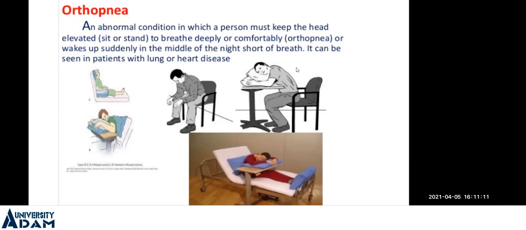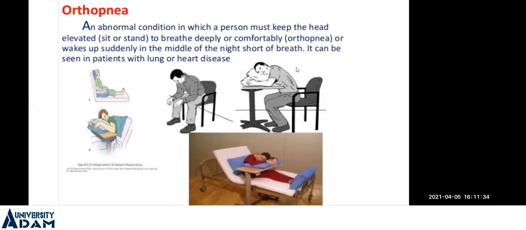So now, can you tell me please, how do you understand this one? How do you understand the orthopnoeic position? In English, we can say sitting position, but we are medical persons. We use medical terminology.